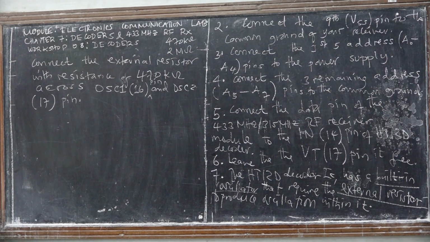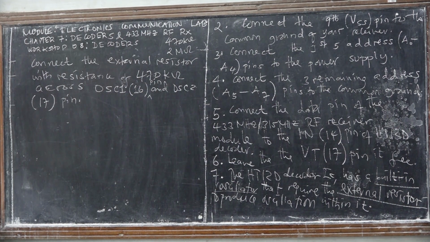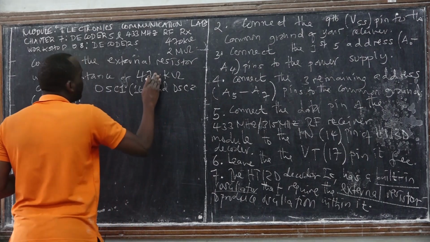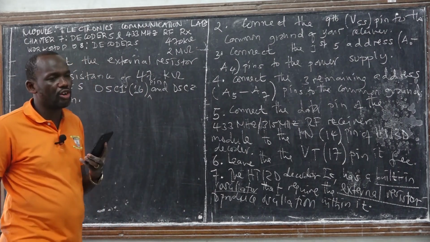Did you find it? Oscillator frequency versus supply voltage. 27, 51 kilo ohm, 68, 100, 220 kilo ohm. Sorry, not 470 kilo ohm, 47 kilo ohm.